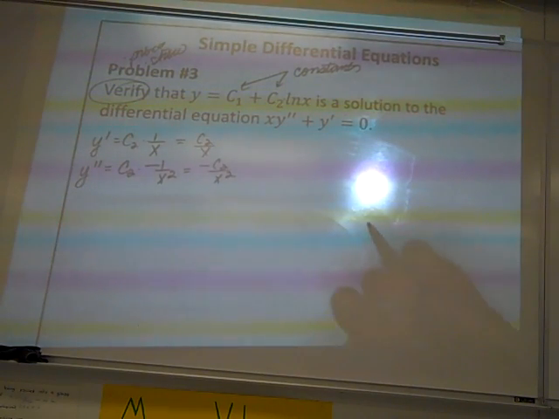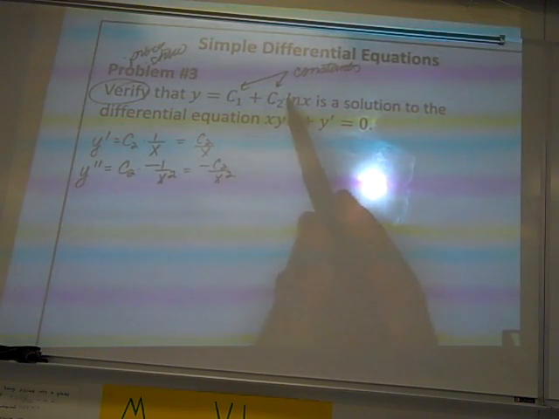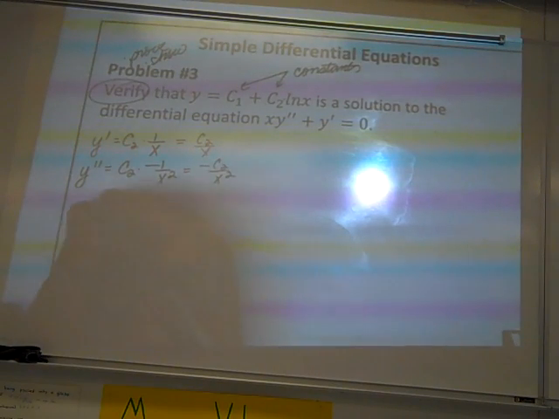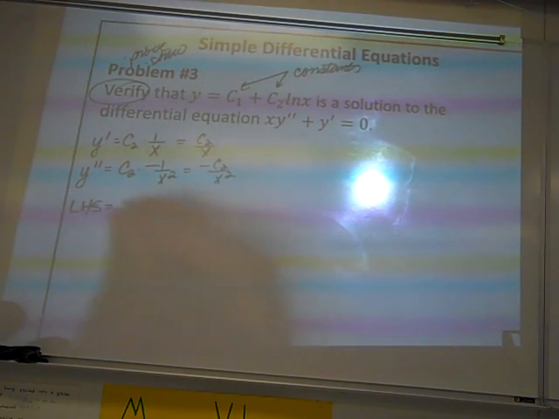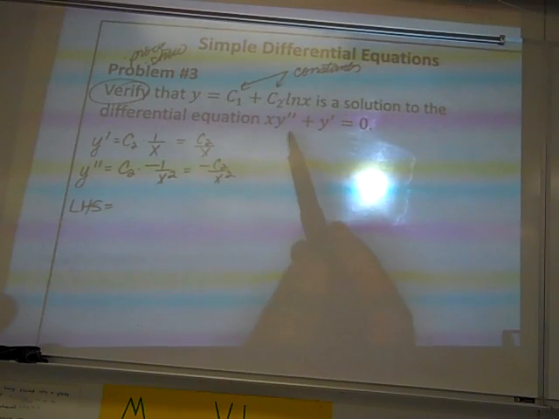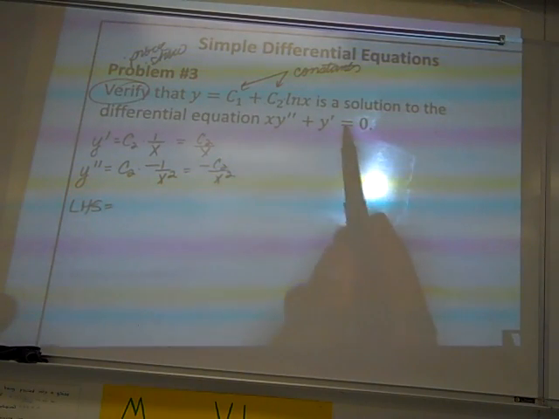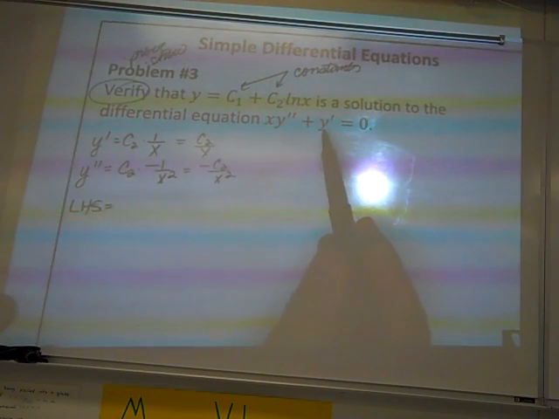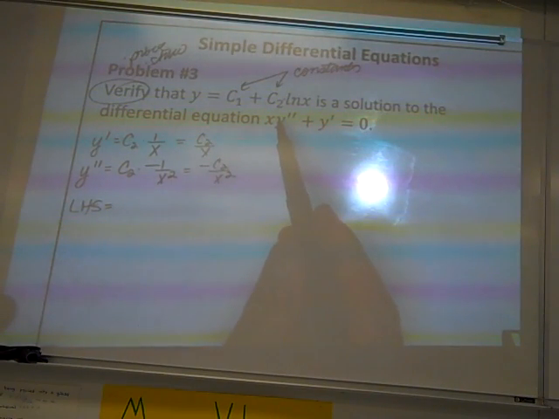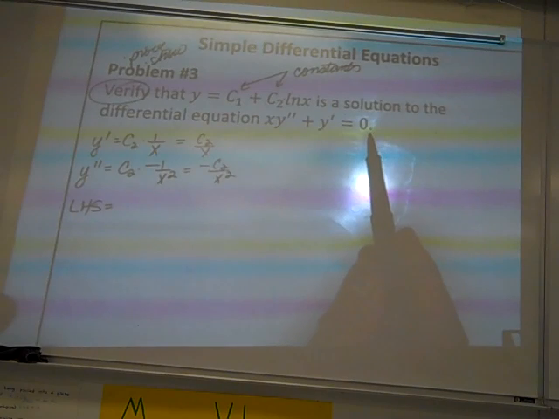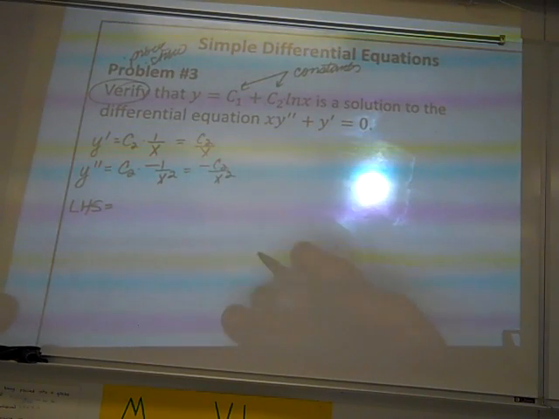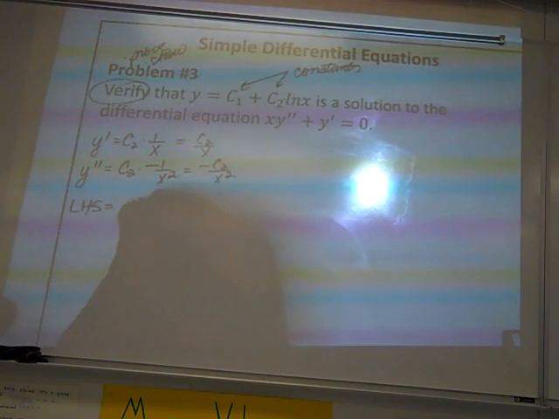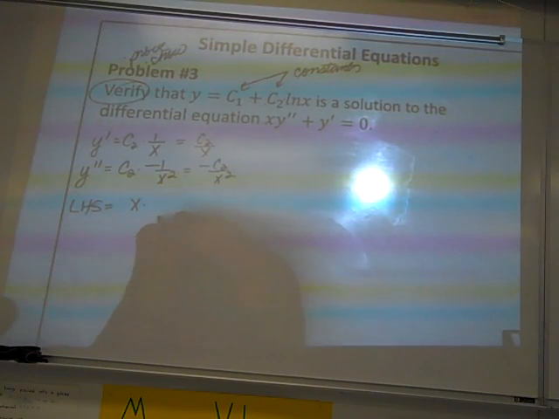So let's look at how we're going to show that this function is indeed a solution. Just like we would have done back in pre-calculus, we normally start on one side of the equation and, working only with that one side, show that when I plug in the values for y prime and y double prime, my result is going to be what's on the right-hand side. So the left-hand side says take x times y double prime.